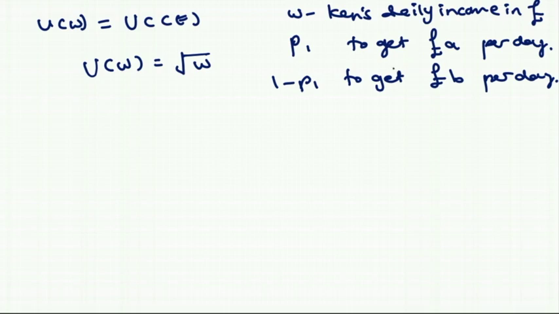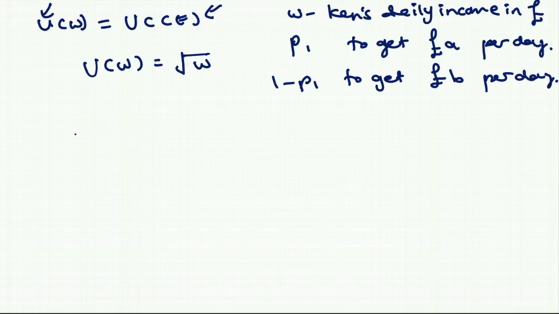So here, the certainty equivalence is a certain amount of pounds or quid that makes Ken indifferent between gambling and taking the money. That means the utility of money is equivalent to the expected utility of gambling. So this is the concept of certainty equivalence.